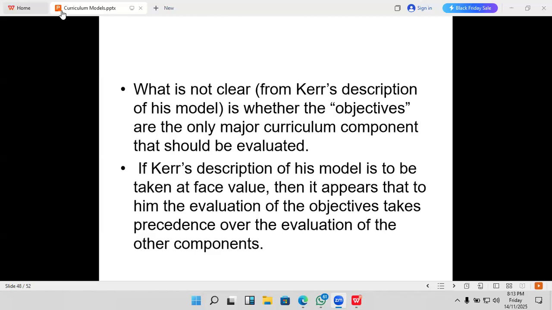According to the critics, there is no clear evidence in Kerr's argument to justify why the objectives should be evaluated first. He simply mentioned that, but did not give many valid reasons. That is their criticism.